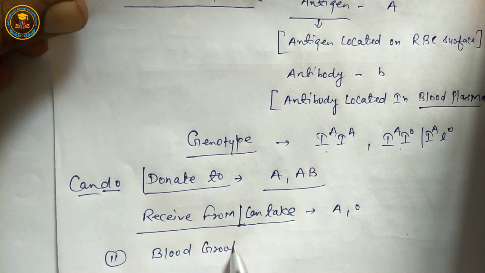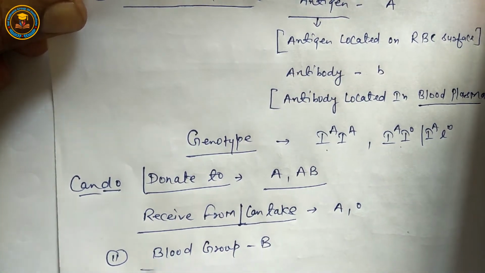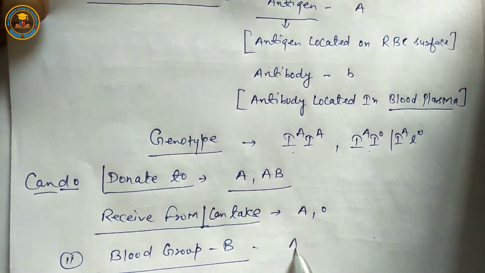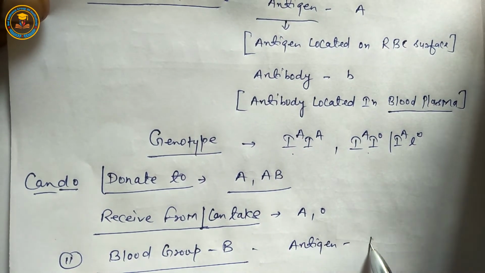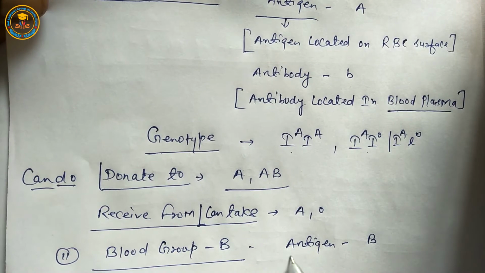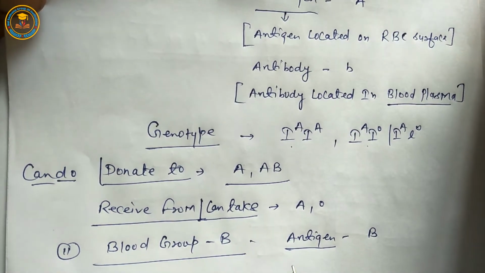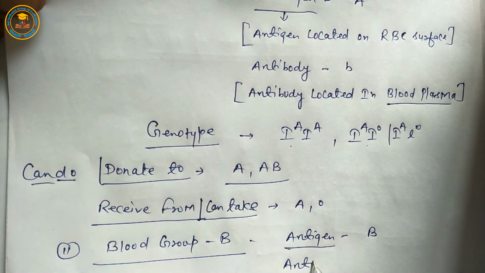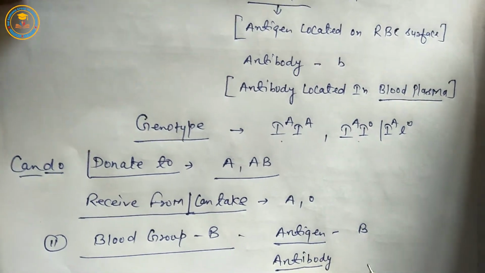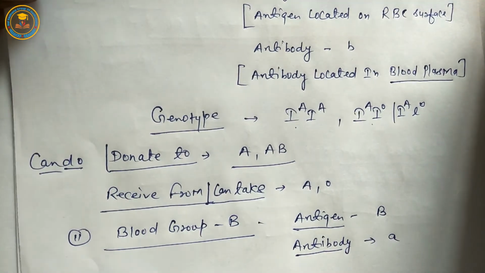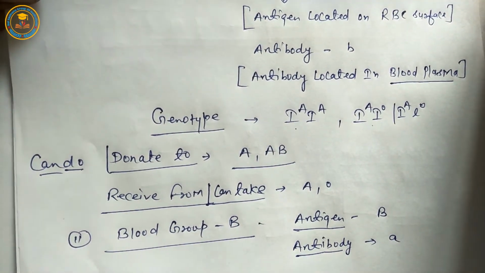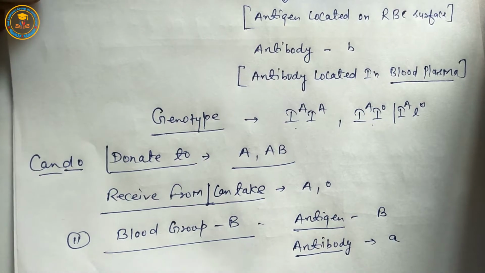Next is blood group B. First of all, antigen is B. Students, antigen is located on RBC surface. Next, antibody located in blood plasma is A. Next is genotype.